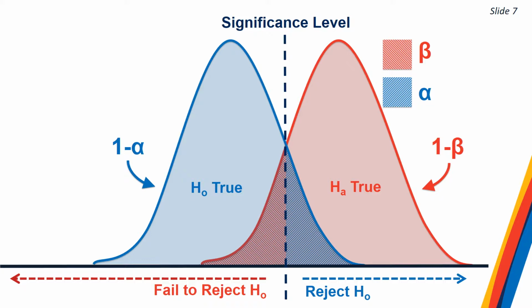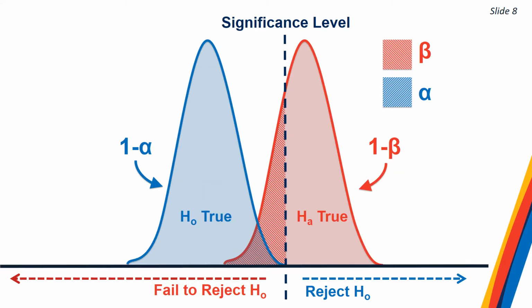Now, in addition to impacting power by accepting larger differences between two values, slide 8 shows that we can also increase our power by increasing our sample size. This is because when you sample more and more people, you increase the precision of your estimates, and thus you narrow the probability distributions of your potential estimates.